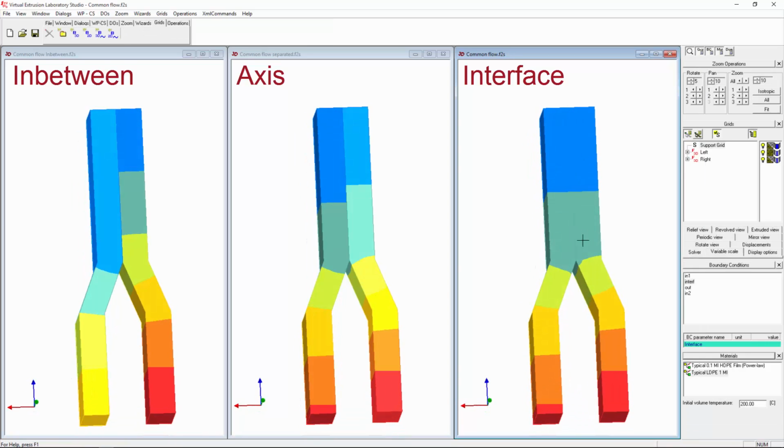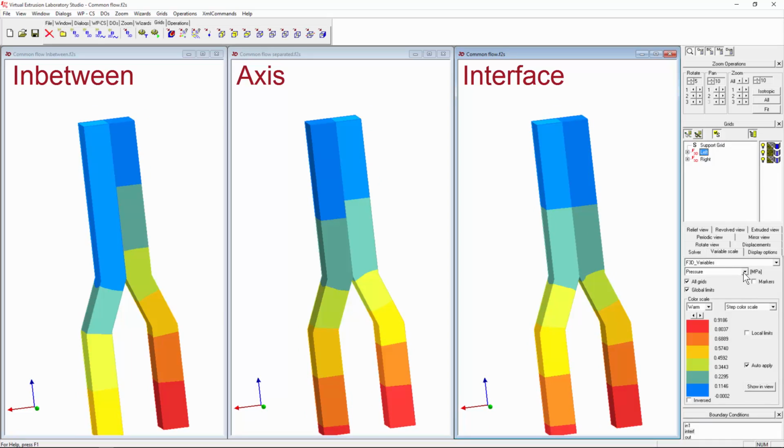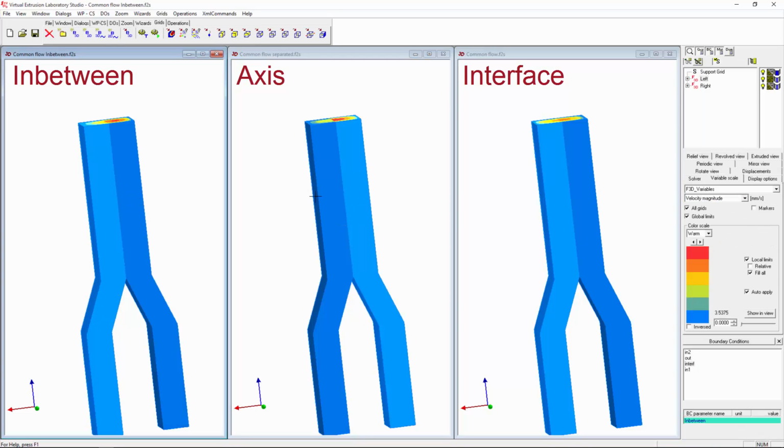Now, in this case, of course, the pressure degrees of freedom match. And what more, if we look at the velocity magnitude, right, we'll see, okay, the velocity magnitude also here, and we also look at the velocity magnitude on this one here.